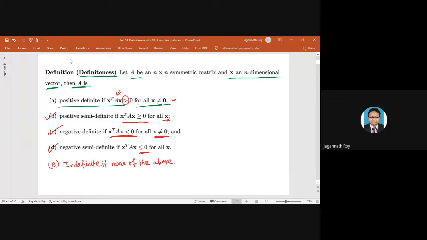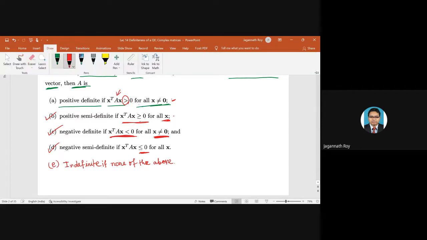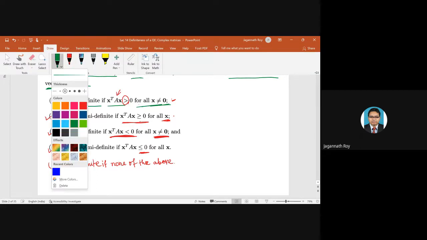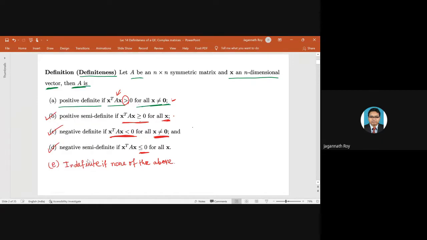Now, why are these important? Because, as you know, this is a function, the quadratic form that we have just seen, a x1 square plus 2b x1 x2 plus c x2 square.